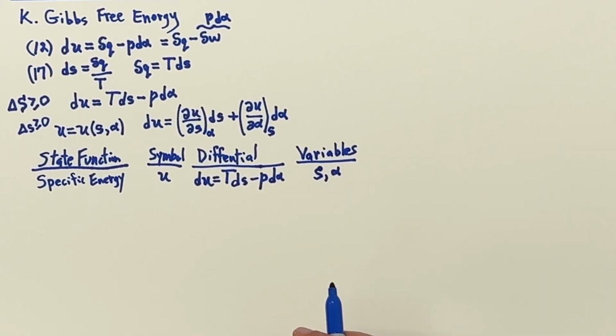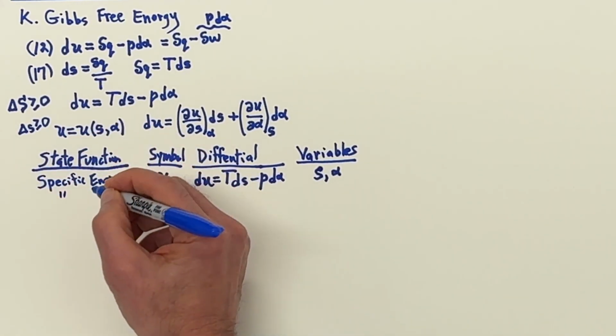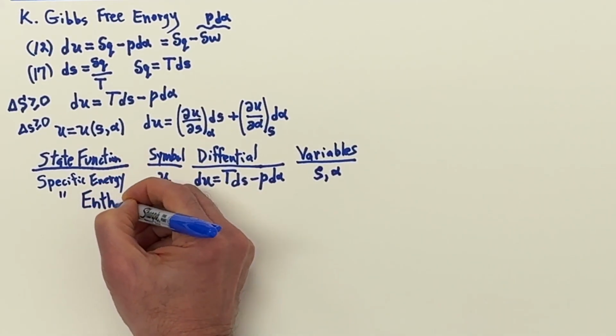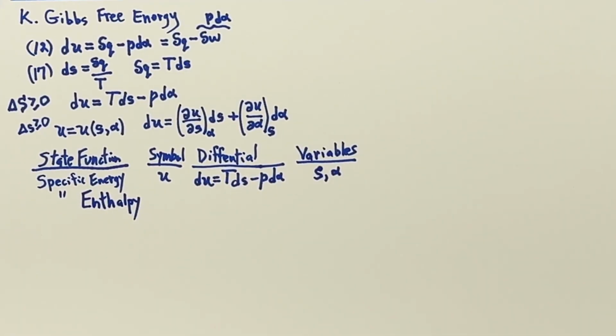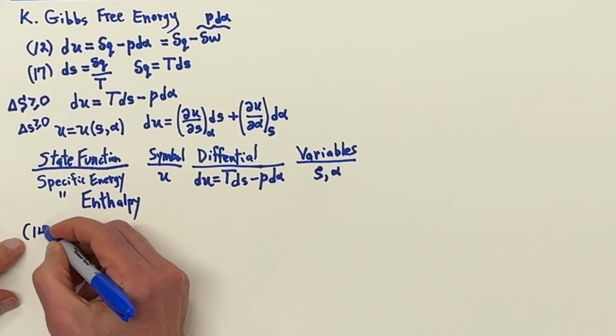Okay, so what we're gonna do next is have a second one, and we'll just put a little quotation here to remind us it's specific. And this is going to be enthalpy. For specific enthalpy, we're going to go to our equation 14, derived earlier.